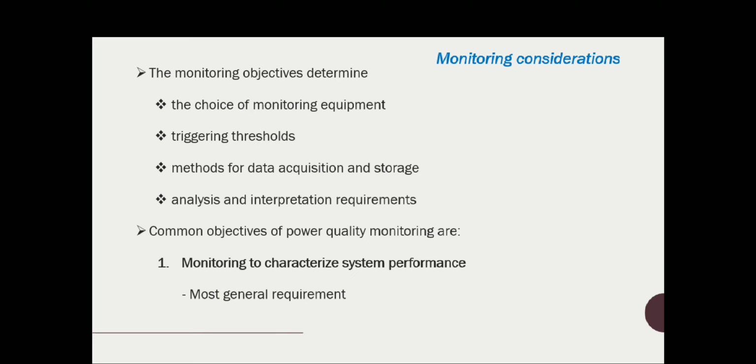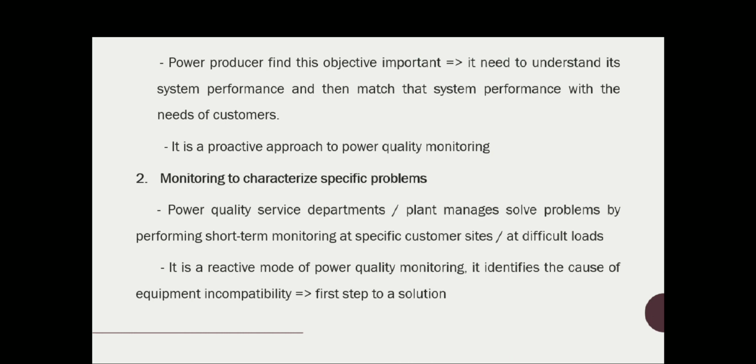This kind of approach is a proactive approach to power quality monitoring. By understanding the normal power quality performance of a system, a provider can quickly identify problems and can offer information to its customers to help them match their sensitive equipment's characteristics with the realistic power quality characteristics.